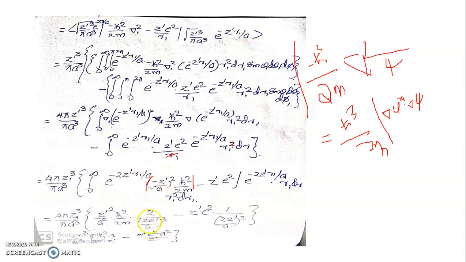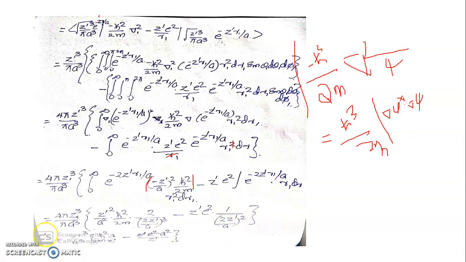So this integration is over. Now for the term z prime e square, n factorial, n is 1 here, divided by a power n plus 1, where instead of a I have 2z prime by a, whole power n plus 1. N is 1, so 1 plus 1, that is 2.